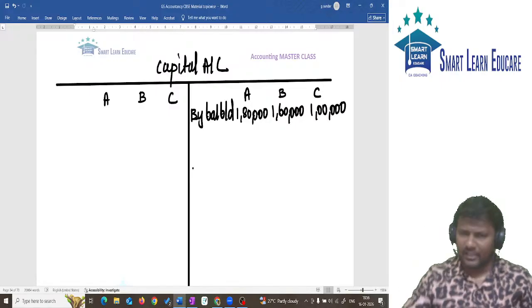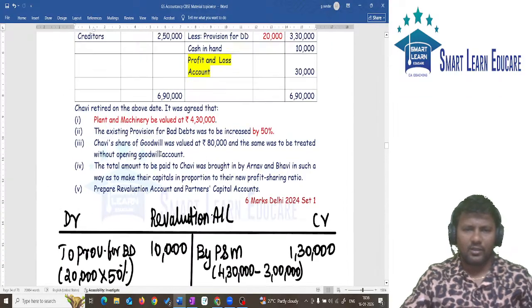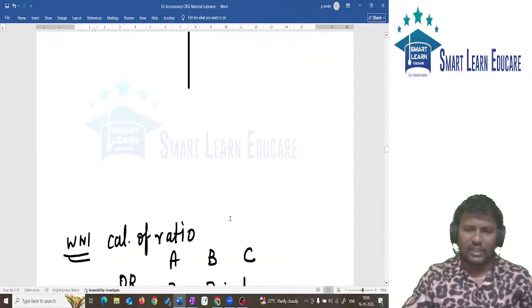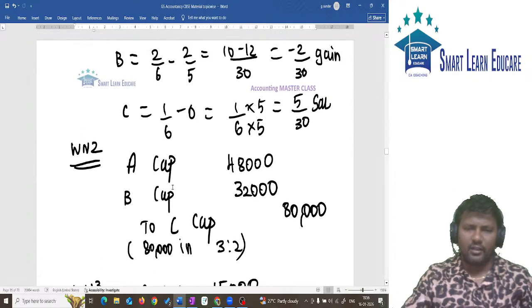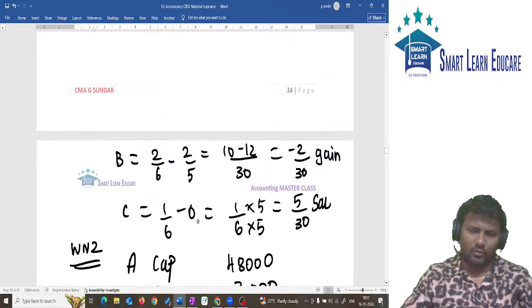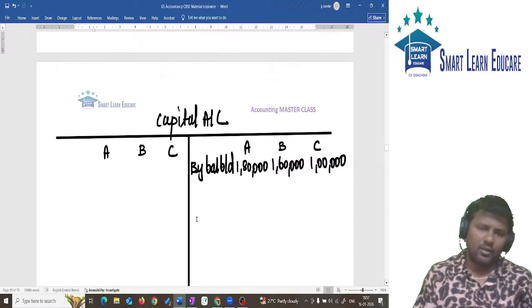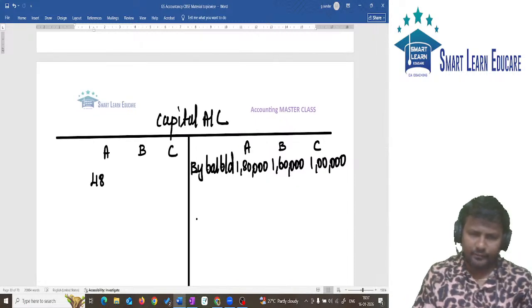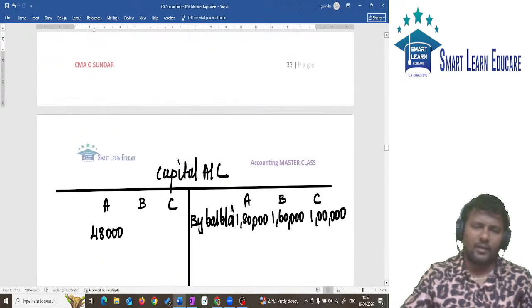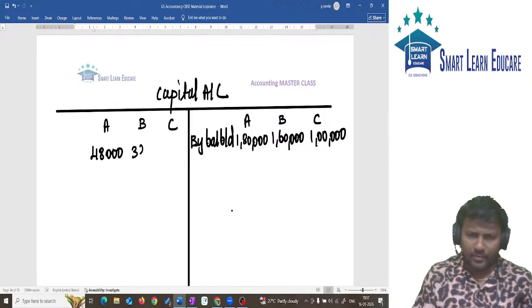Opening balance is written. Next, the goodwill entry to be posted. What is the entry for goodwill? Gaining partners' capital to sacrificing partner. A capital account debit, B capital account debit, to C. A account debit for 48, B account debit for 32. 48 debit and 32 is also debit.